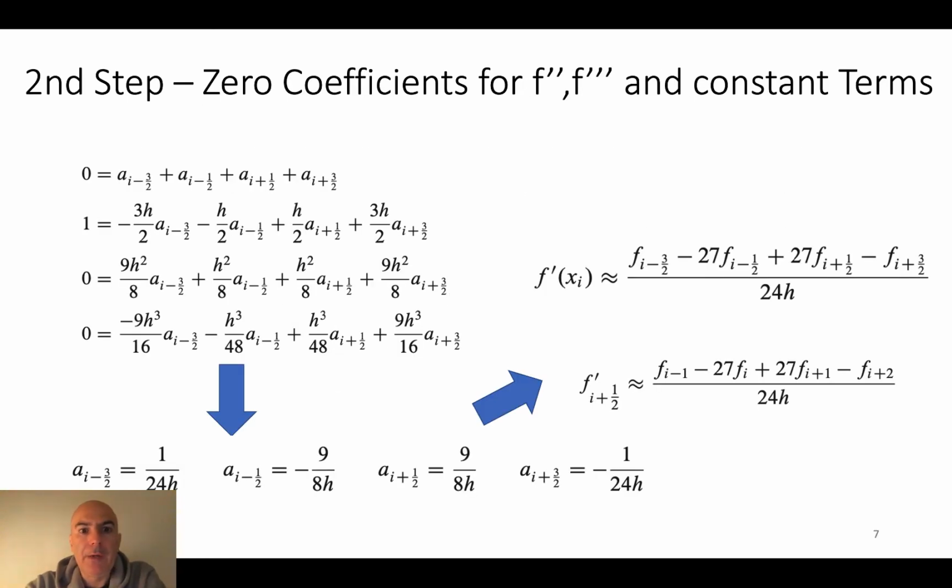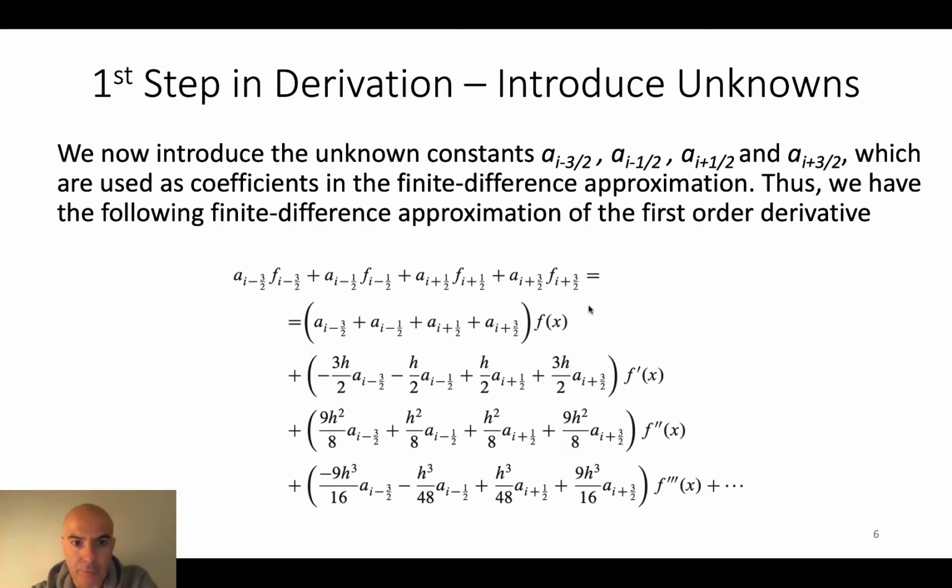What we want to do now is to extract a way to calculate the first order derivative. The term for f prime is the one that we want to calculate, so we impose that this coefficient must be equal to 1, because we want an approximation of f prime. We also do not want any term coming from the second order derivative and the third order derivative, so we set those coefficients to 0.